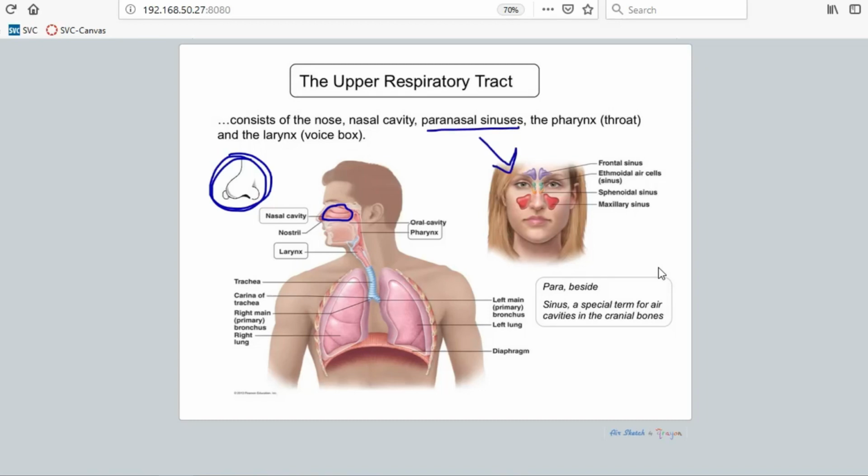These are sinuses that are next to the nasal cavity, but they're not part of it itself. And then we have the pharynx, or the throat. And then we have the larynx, or the voice box. So those are all part of the upper respiratory tract.